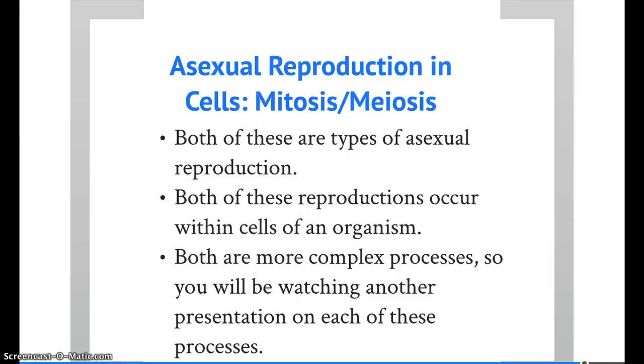Although mitosis and meiosis are forms of asexual reproduction, meiosis is actually a process that is linked to sexual reproduction. However, I want to stress it is not sexual reproduction. Meiosis actually has to occur before sexual reproduction. And again, both of them are types of asexual reproduction.